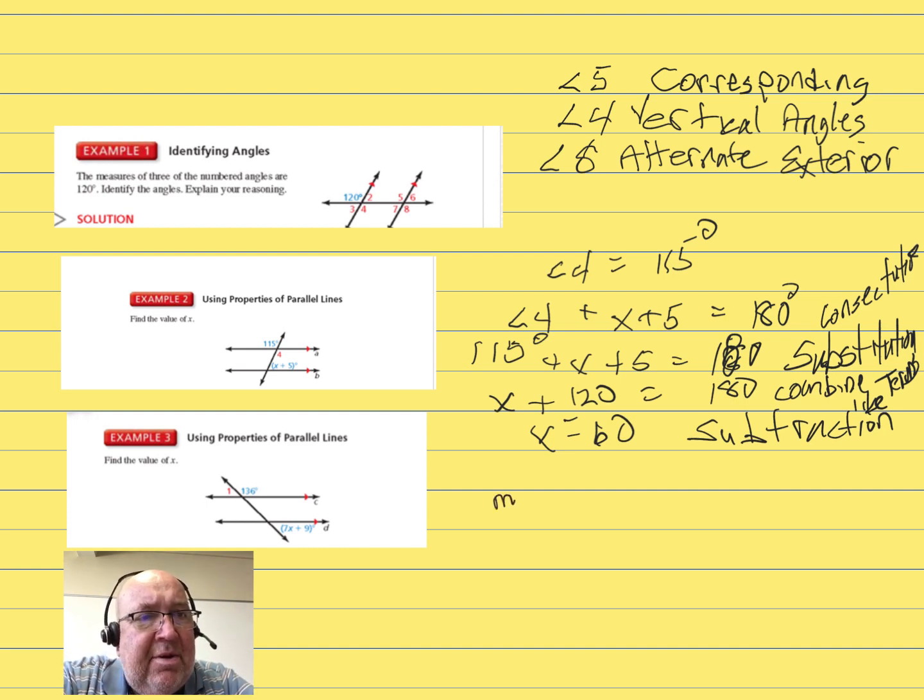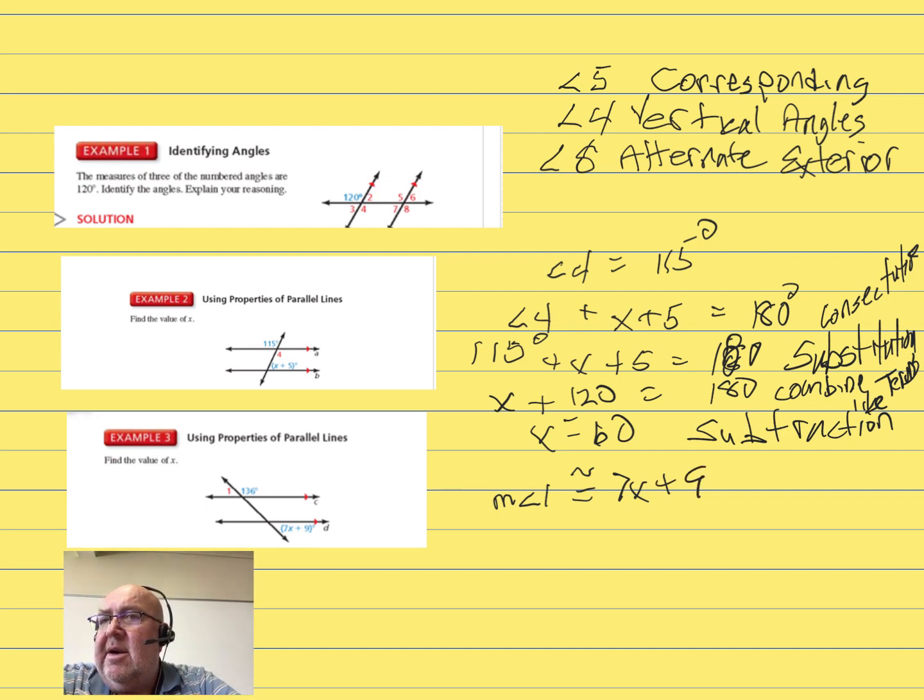So measure of angle 1 is congruent to 7x plus 9. We know that angle 1, so I'm going to do this over here, 180 degrees minus 136 is equal to angle 1 because collinear pairs are supplementary. So the measure of angle 1 is going to equal 44 degrees.